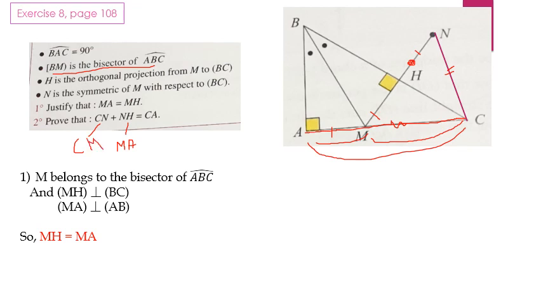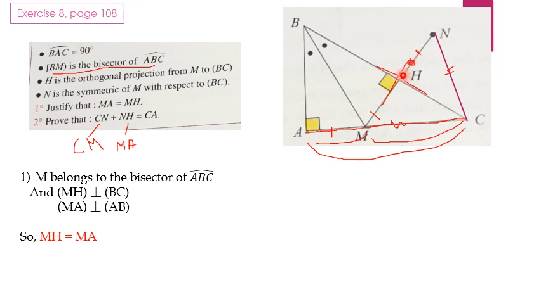Since we said that BH is perpendicular to MN here, and we proved that MH equals HN, so we can say that BC is the perpendicular bisector of MN.